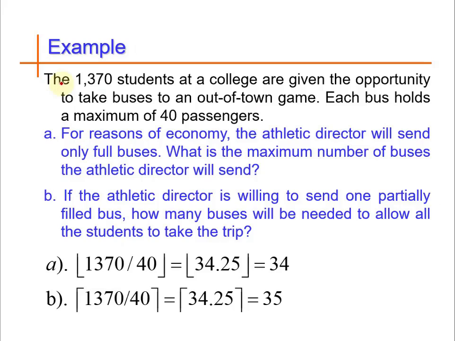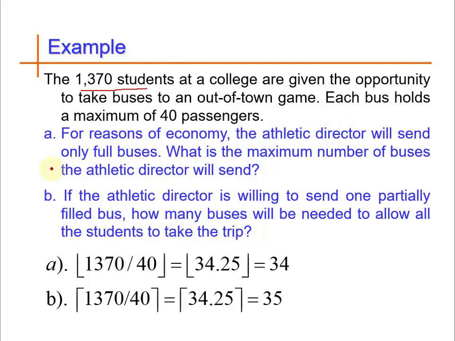Now we see an example regarding floor and ceiling functions. The example says that there are 1370 students in a college, and they are given an opportunity to take a bus out of town for a game.